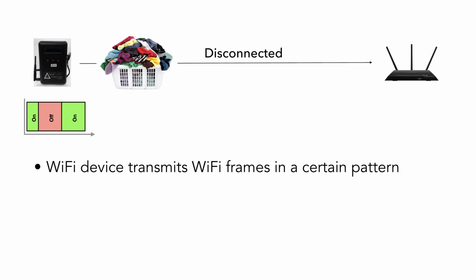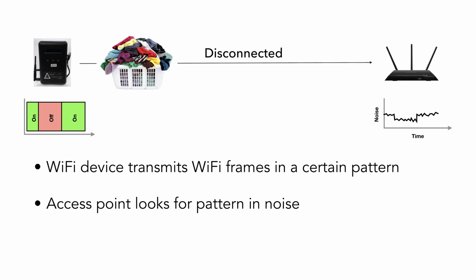What if the access point didn't try to decode what these frames were, but instead just looked at the noise? Here I have this kind of crude representation of what the noise would look like. You would expect that when the client is transmitting, the noise will go up a little higher, not much, but a little bit higher in the same pattern in which it's transmitting.